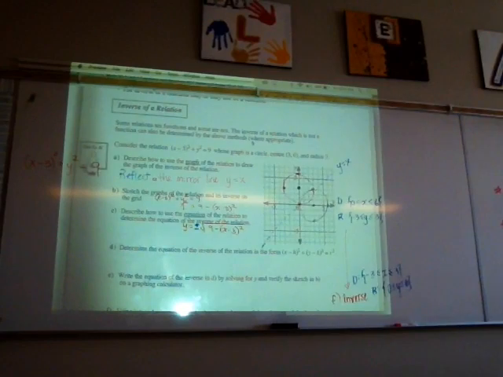We exchange the x and the y. So I get y minus 3 all squared plus x squared equals 9. Once we exchange the x and the y, we simply isolate the y again. So I'm going to leave the y minus 3 all squared on the left-hand side.